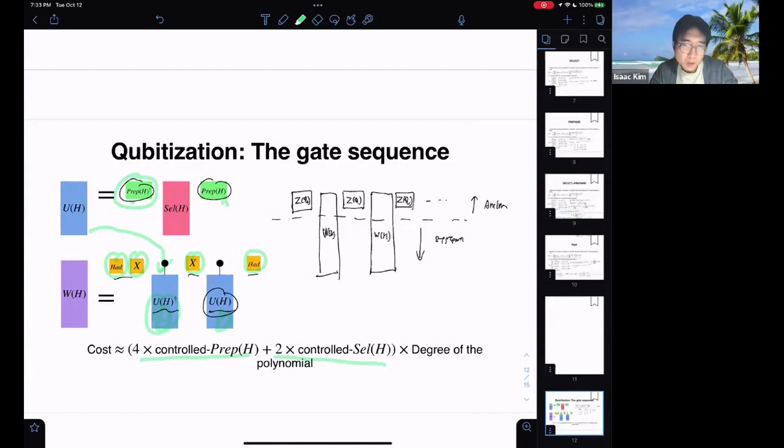If you can figure out the cost of applying a controlled prepare or a controlled select operation accurately, then you get a pretty good idea of the cost you need to run your quantum algorithm.